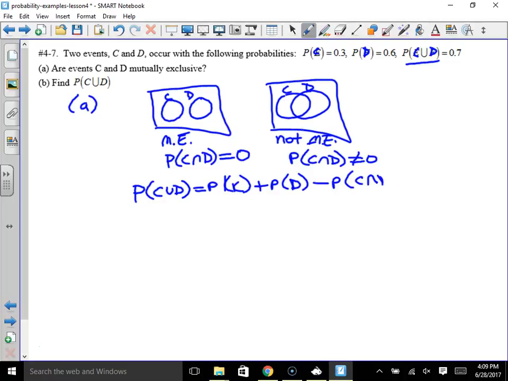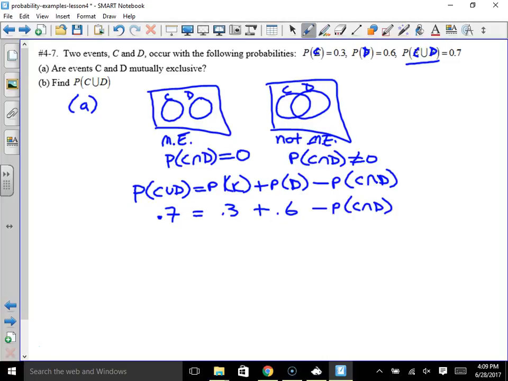So what I could do is fill in everything I know and solve for what's left. They told me that the probability of C or D was 0.7. That would go here. Probability of C is 0.3 would go there. Probability of D is 0.6 would go there. And I'm trying to figure out the probability of C and D. So that's the unknown.